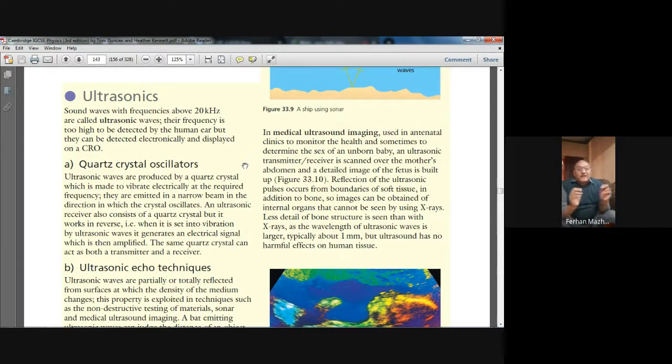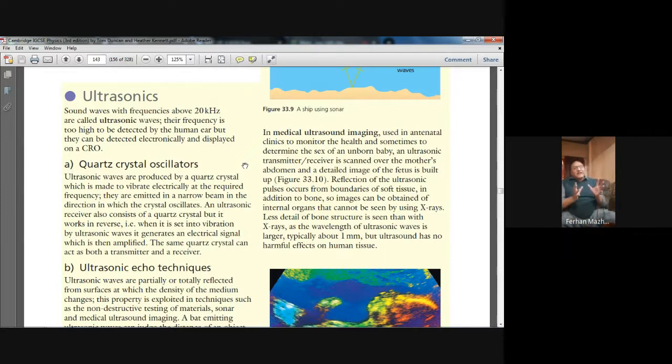They can check the dimensions of the baby, how the baby is growing, his or her eyes, hair, heart, lungs, and they can even, which is a very wrong thing, tell you the gender of the baby also. This all is done with the help of the ultrasound.